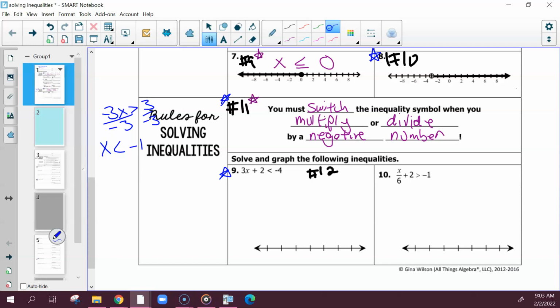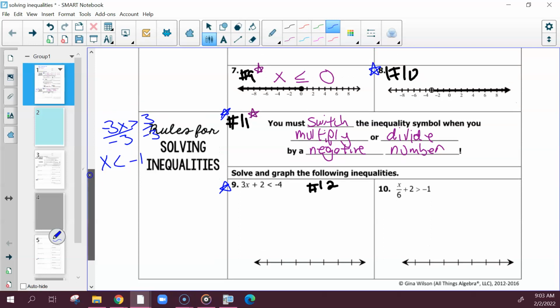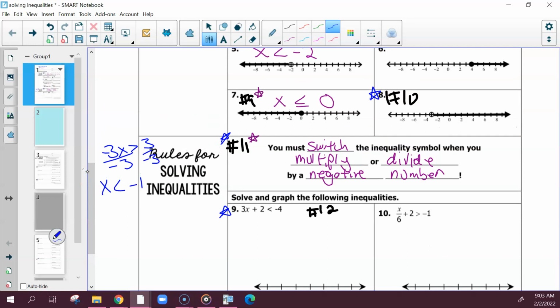Yes, Eric. So the greater sign turns into a less than. How we did it before, like when we had the equation. Where the equal sign was for our equations, it's now an inequality symbol. But if you're dividing by a negative, it now changes direction.